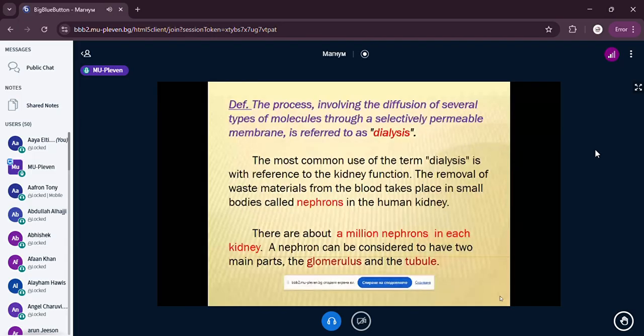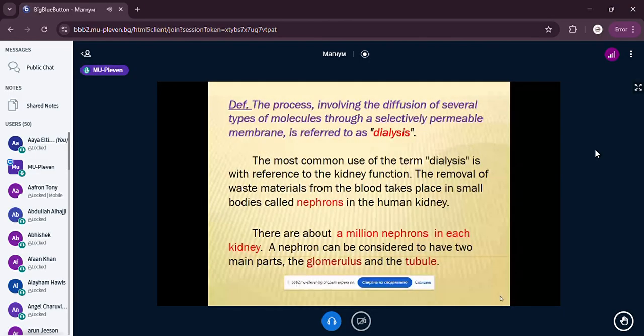But it's better to say that it is related to the artificial kidney, not just to the kidney and its normal functioning, since we have not just dialysis, but glomerular filtration as the main process.